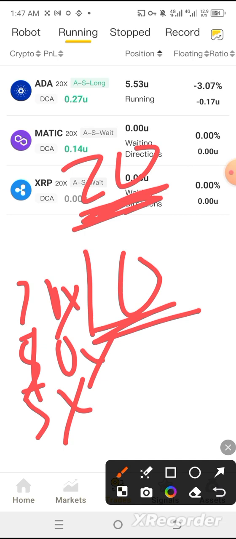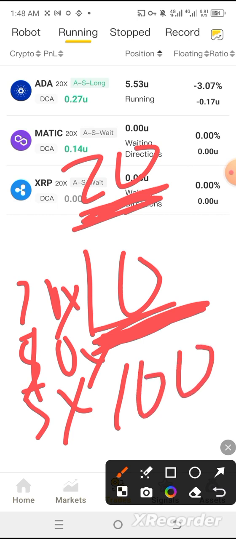But if you want the system not to ever liquidate your money, trade exactly. That means if you're trading 20x, make sure whatever it multiplies must come to $10. So assuming you're trading $100, whether 5x, 20x, or 10x, make sure when it multiplies, it is $100 or max of $200.